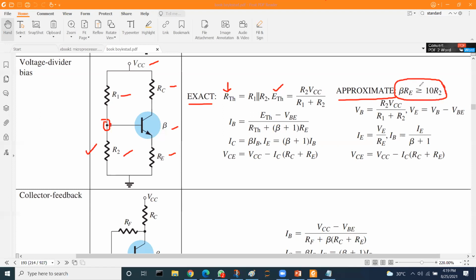Once we find that, it is easy to determine the same values by using the approximate equations. So in this case, we can use the approximate equation. Although we can use the exact model as well, for less computation, we can use the approximate model.